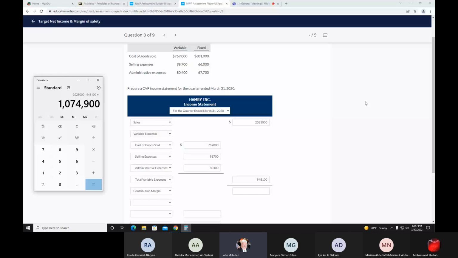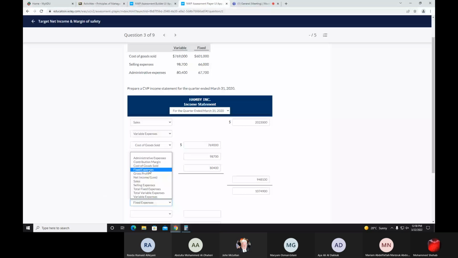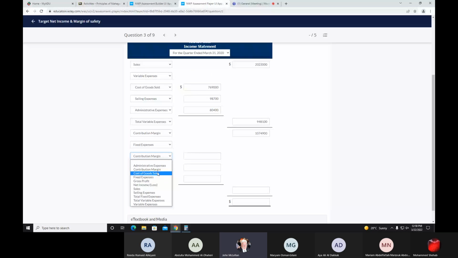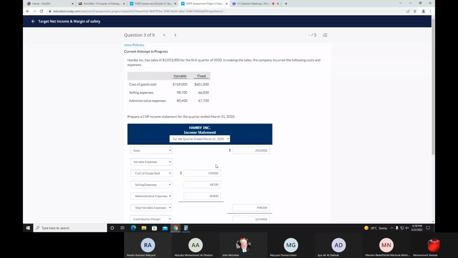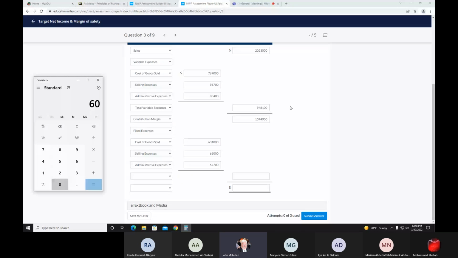Now we subtract the fixed. So all the fixed given to you, simply put them in and total them up.